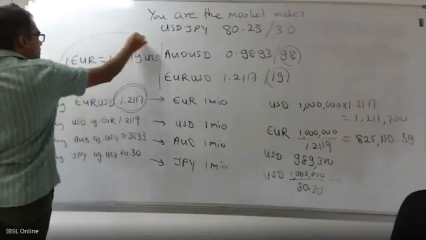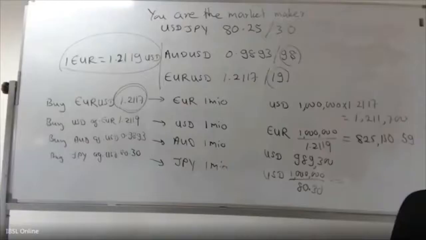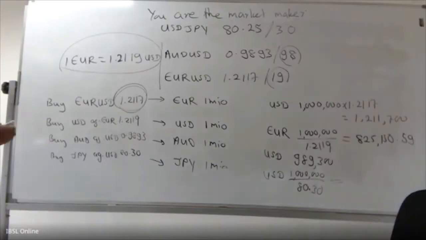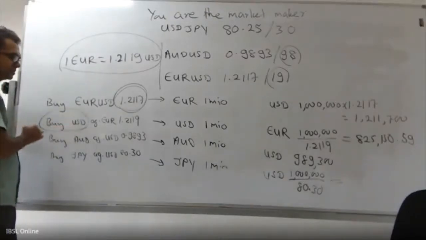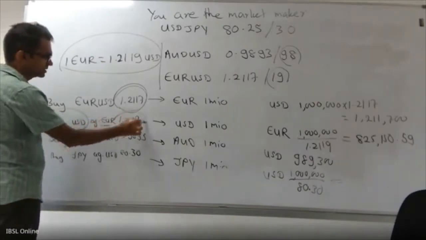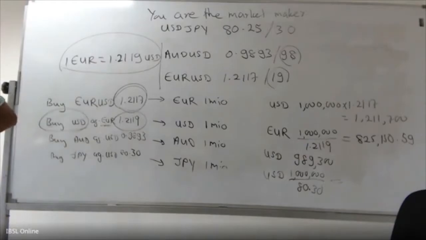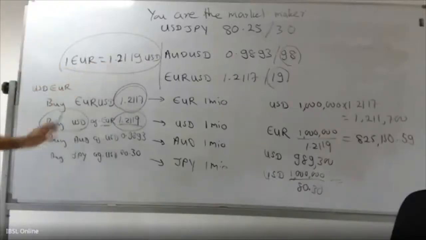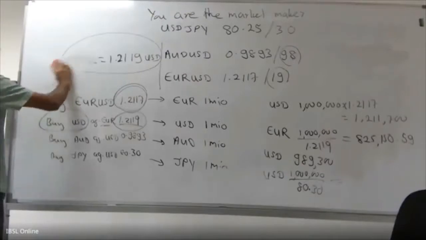Here what I mentioned is what you want to buy. You want to buy dollar against euro at this rate. I haven't written this as a USD/euro rate. No, it's not like that. Still, the rate is the same. Same interpretation. So don't get confused in those.